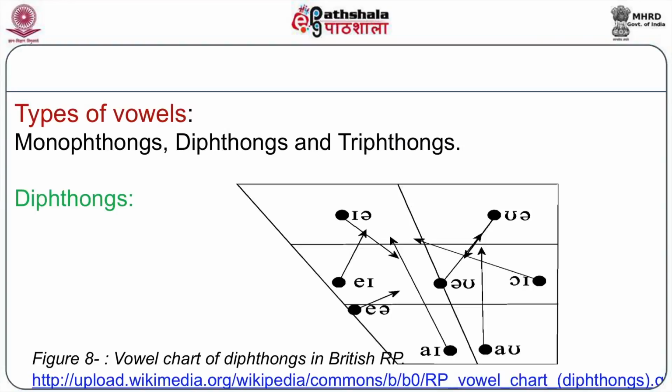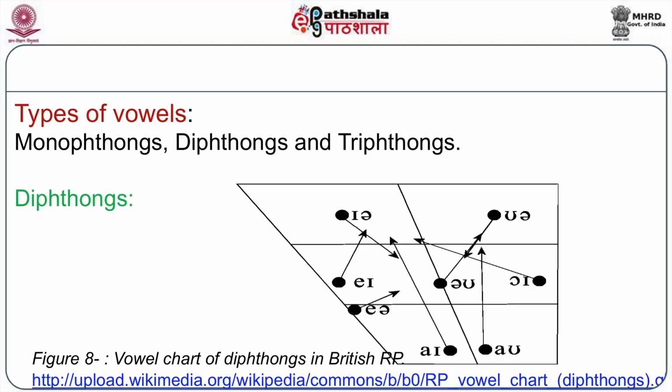Take a look at diphthongs in British English. The diphthongs are represented as arrows with a starting point and a target, showing them as vowels of changing quality. So we have vowels such as ia, ua, a, oi, ow, i.